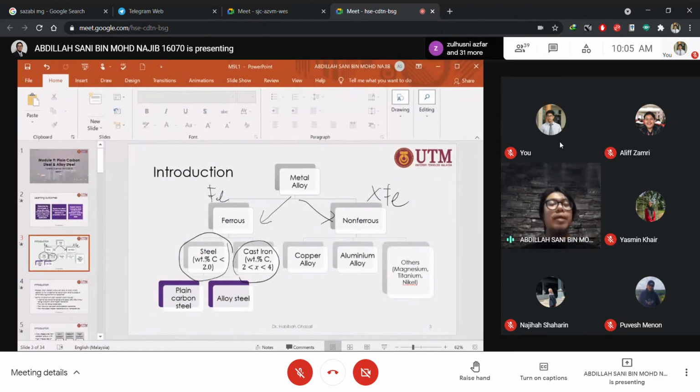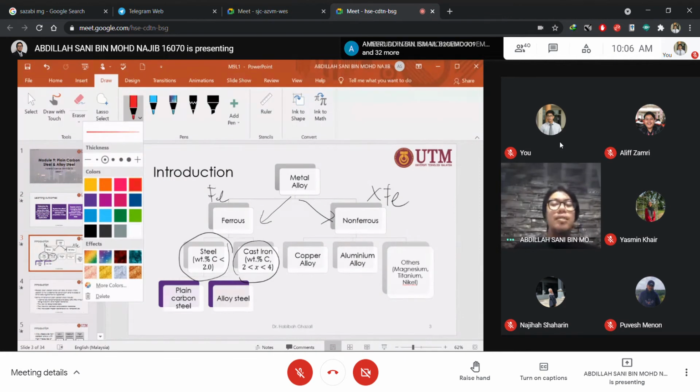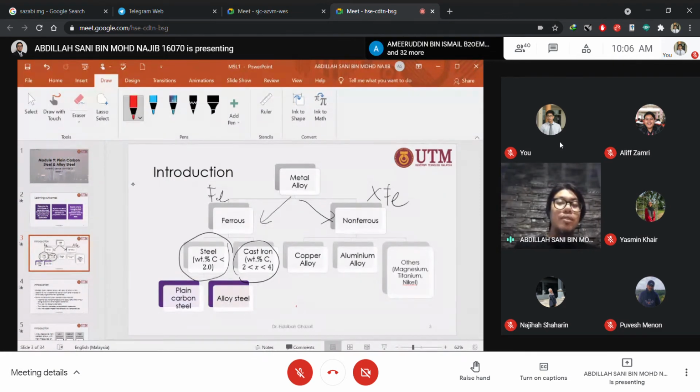So what is meant by plain carbon steel? This is the alloy containing, of course, we are talking about ferrous alloy, so Fe, and only carbon. It might have some very small amount of impurities inside the alloy, but it's very insignificant.